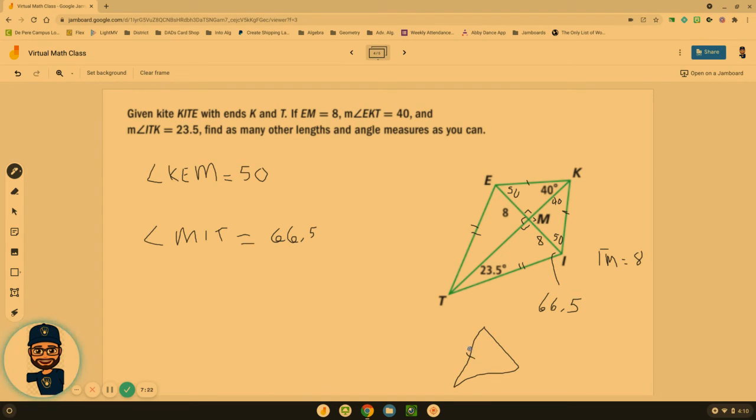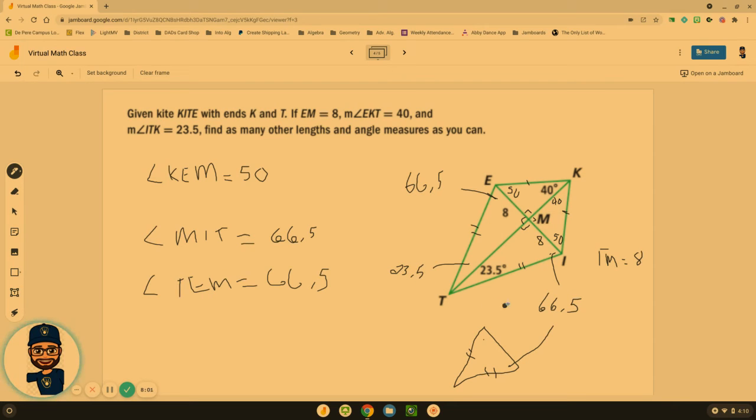There's my bottom triangle, and we said this angle in the bottom was 66.5. What do we know about this other angle up here, this one, TEM? Angle TEM is the same, 66.5. So that would be this one. And if this is 66.5 and this is 90, what do we know about this angle? Well, it has to be 23.5 because we already did that math on the other side.